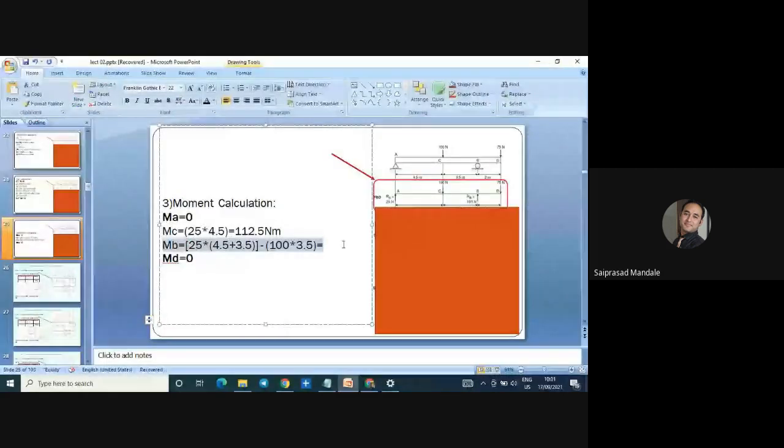So here it is. Tell me the answer. You can check the equation again. 25 is going clockwise towards B, so it is 25 into how much distance? 4.5 plus 3.5. And 100 is going in the anti-clockwise direction, so minus 100 into 3.5. That's it. Tell me the answer.